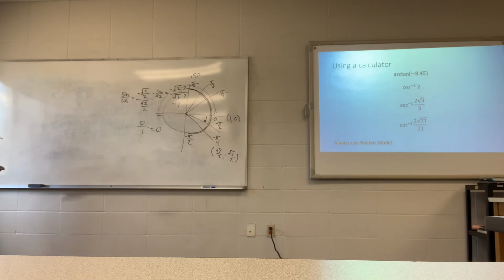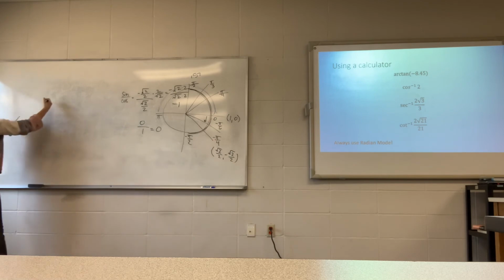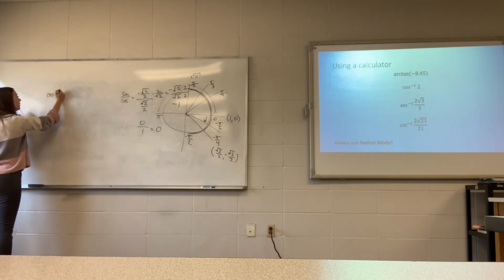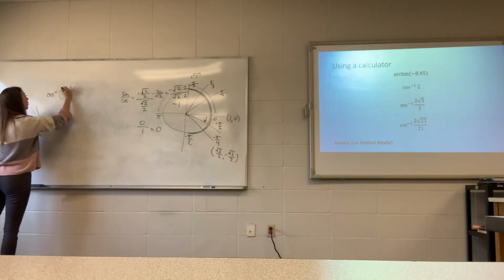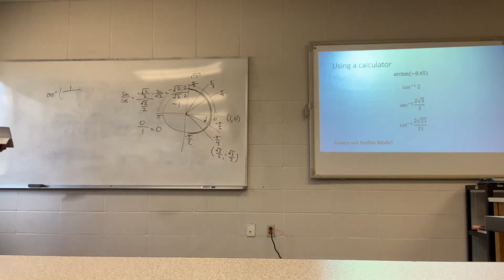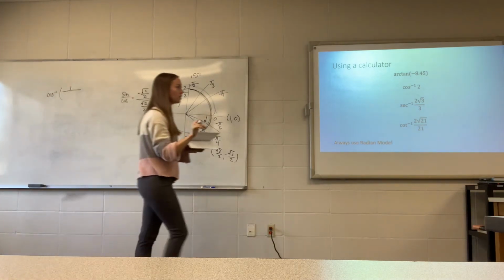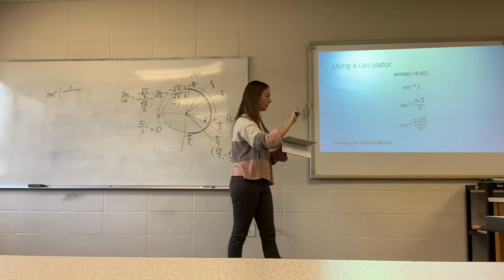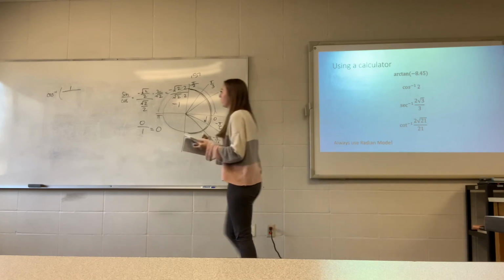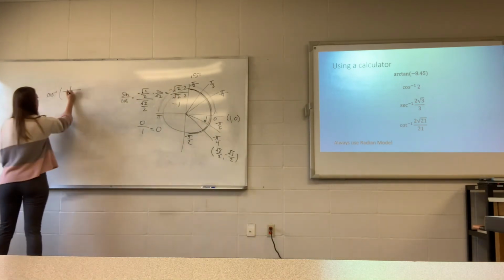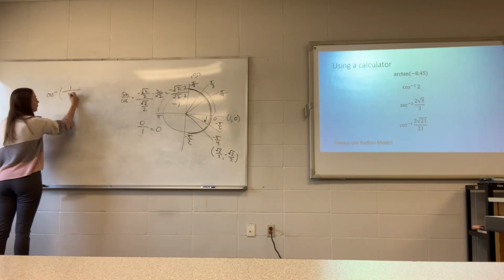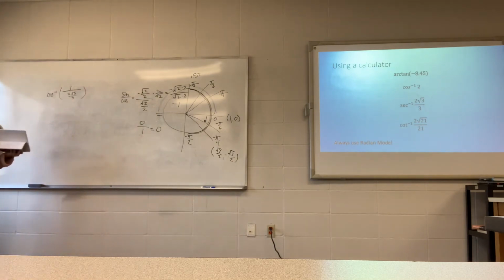So the way that I want to type this in, so you're gonna take inverse cosine of 1 over, because this is the value. Or you could just flip it. So you could either type 1 over 2 square root of 3 over 3, but that gets kind of messy.